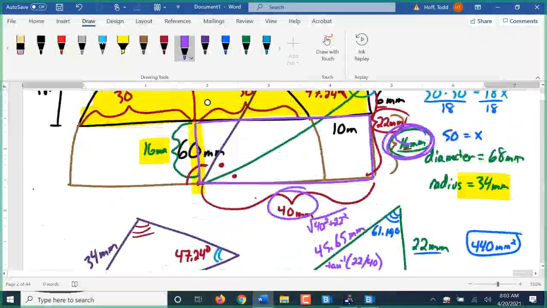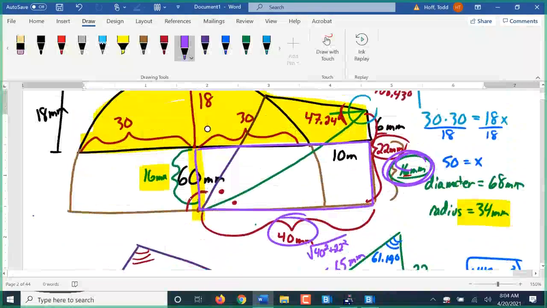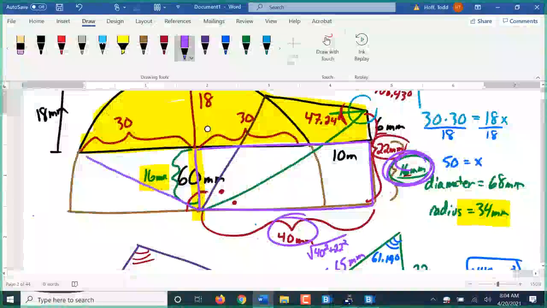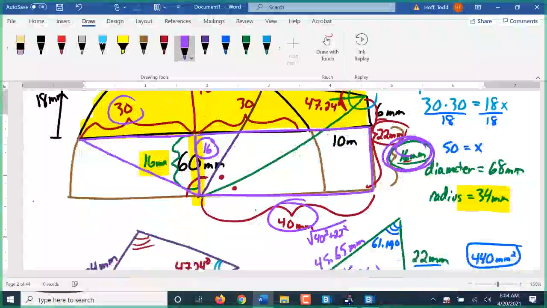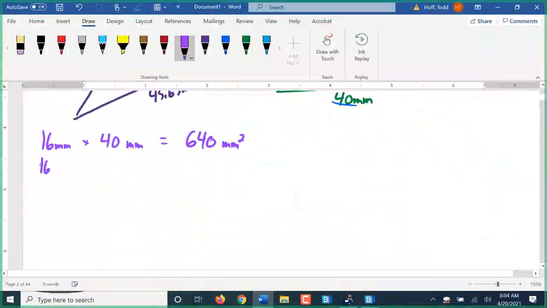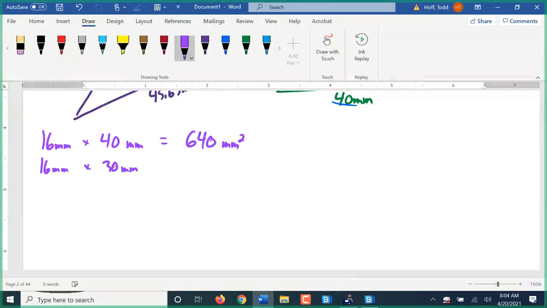The next pieces are a little bit more complicated. We have this triangle here, this right triangle. That's going to be 16 by 30. That one's not so bad. 16 millimeters by 30 millimeters divided by 2 because it's a triangle. That's 240 millimeters squared.